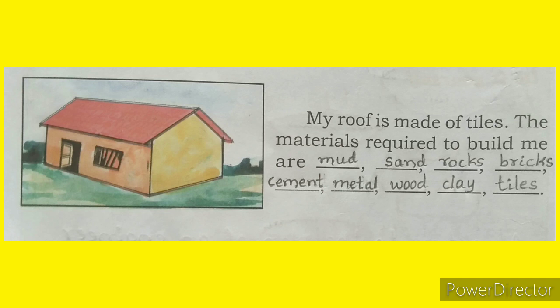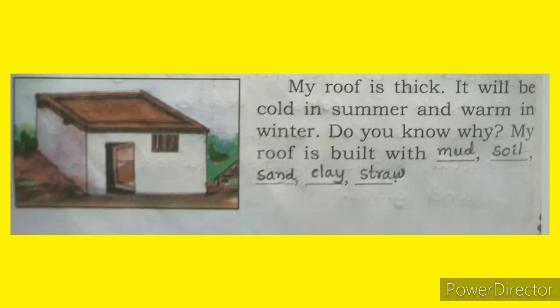Next, fourth one is mud house. My roof is thick. It will be cold in summer and warm in winter. Do you know why? My roof is built with mud, soil, sand, clay, straw. Children, this mud house is cold in summer and warm in winter because air gaps in mud help it to remain cold in summer and warm in winter.